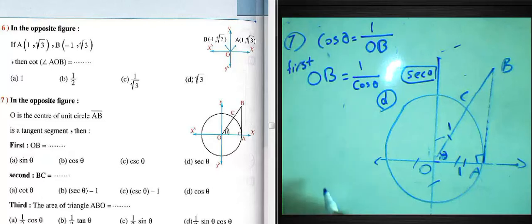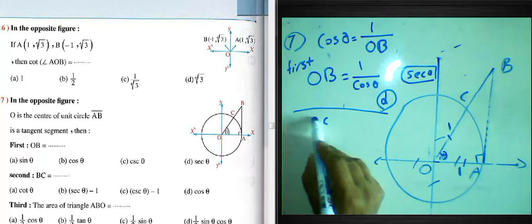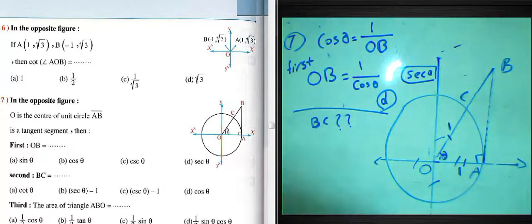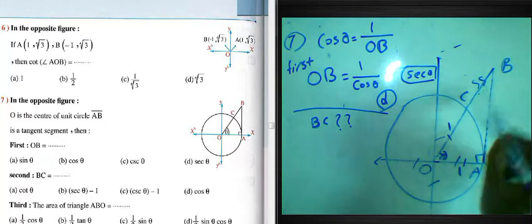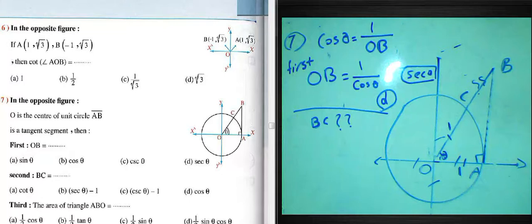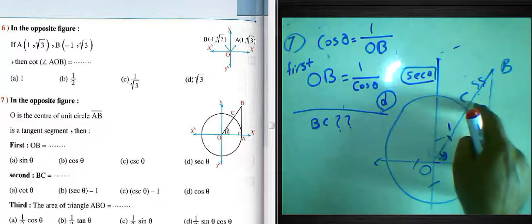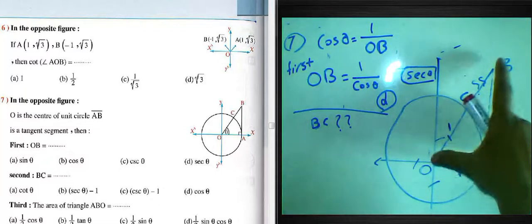In the second, you want to find BC. Who can solve BC? You want to find this length BC. The choices are cotangent, sec theta minus 1, cosine theta minus 1.